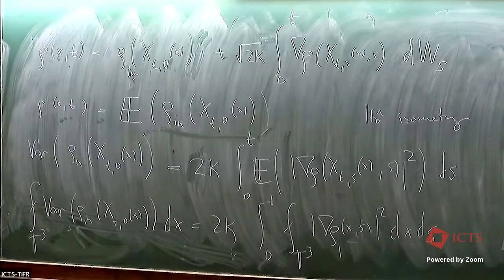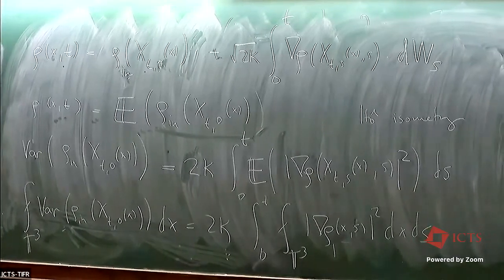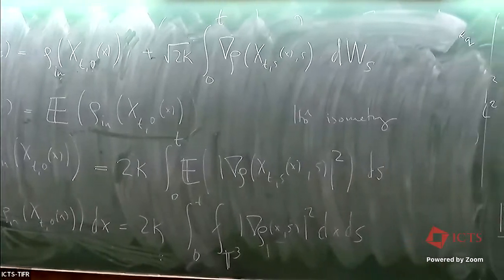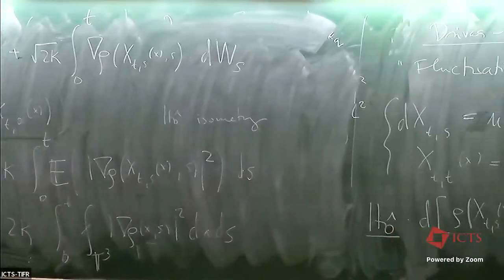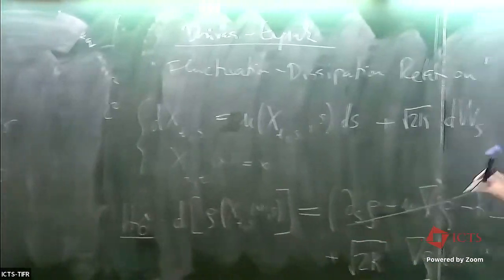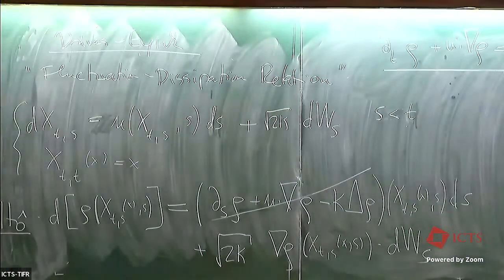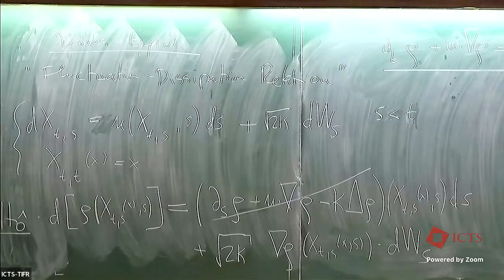So in this whole argument, u is deterministic. It's a given vector field. It's not a random vector field. In fact, you can also take the initial data to be deterministic, or it could be a random field.